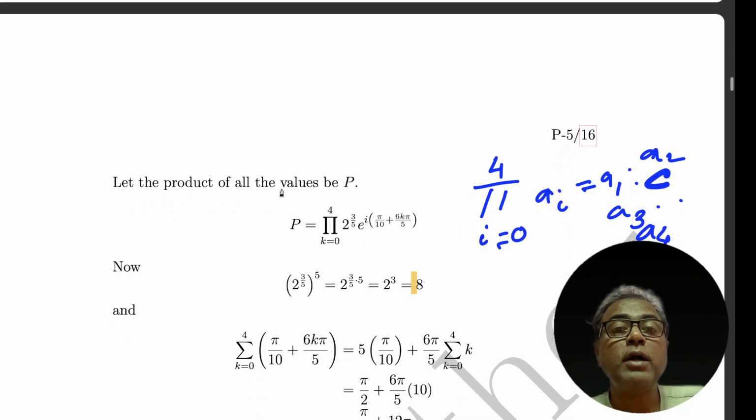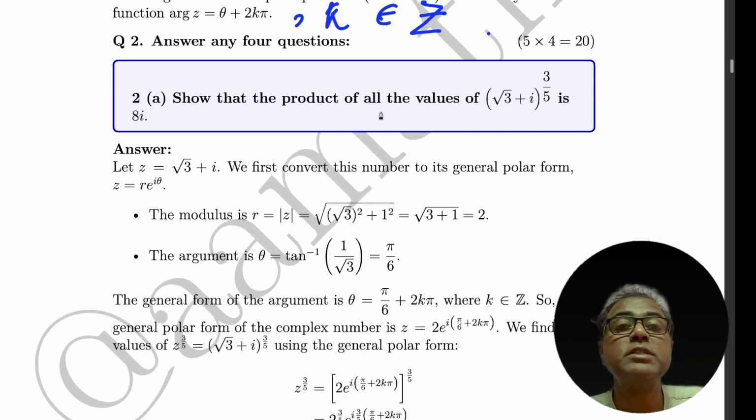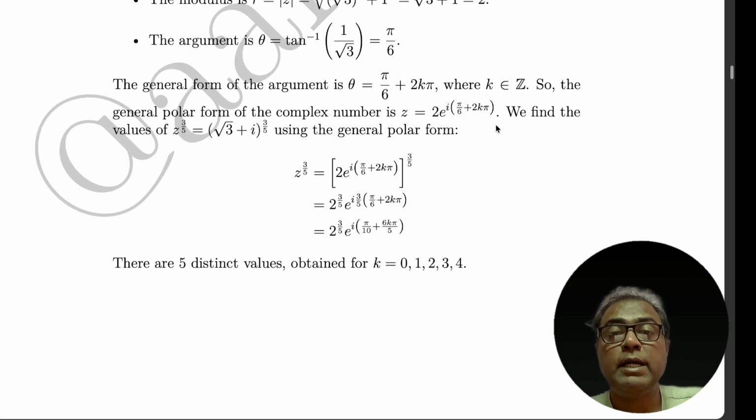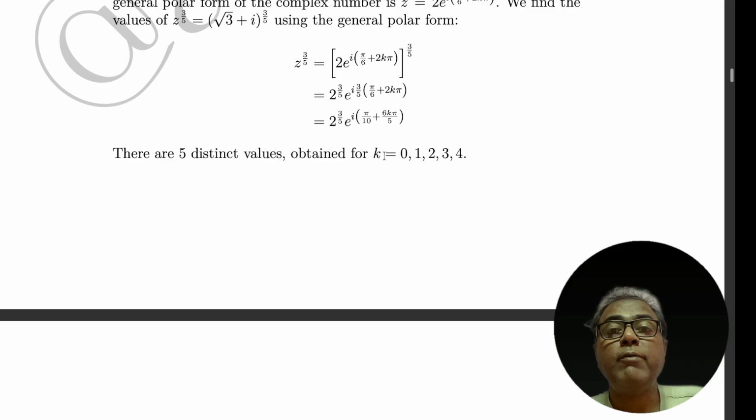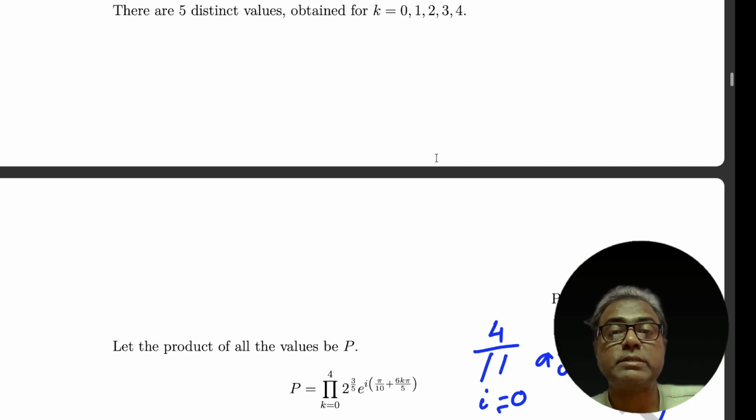Now we want to find the product of all values of this, that is, the product of these 5 complex numbers.